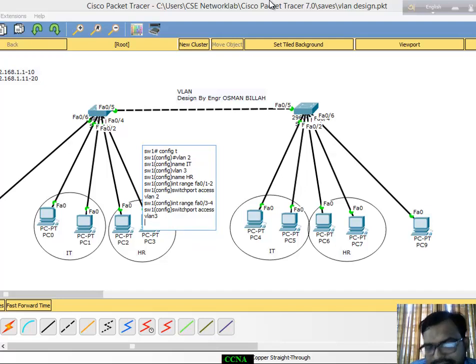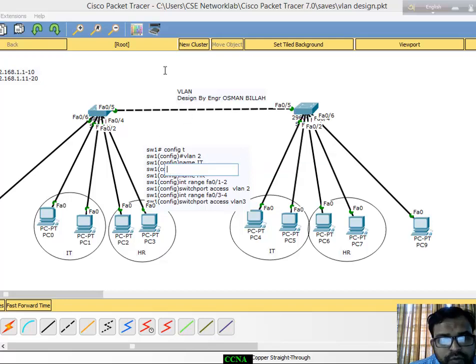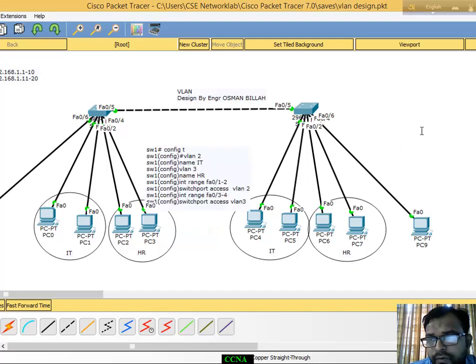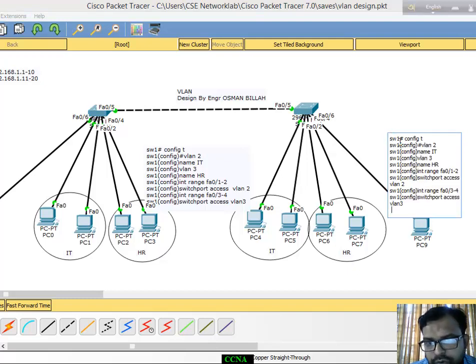According to this, we have to type the same for the other switch, interfaces 0/1 to 2 and 3 to 4 for the PCs. So in this way we can configure this switch.